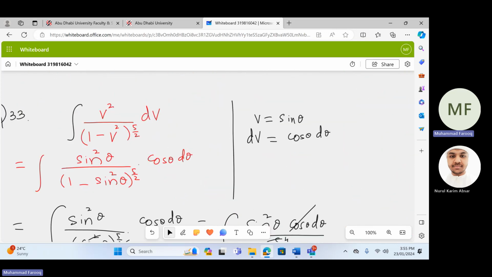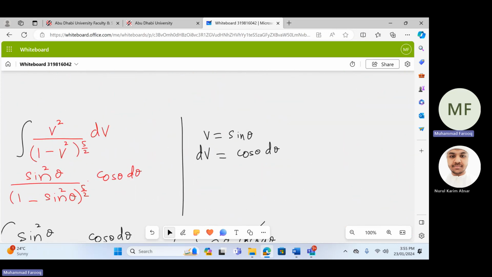Yes. So this is sine theta, okay? So basically we now need the tan theta value. So sine theta is V, sine theta means V over 1, which is basically V over C. So if you have a right angle triangle, B is V and C is 1.